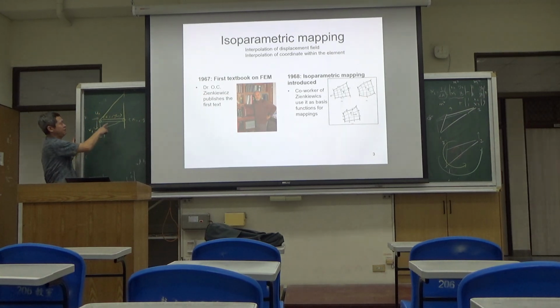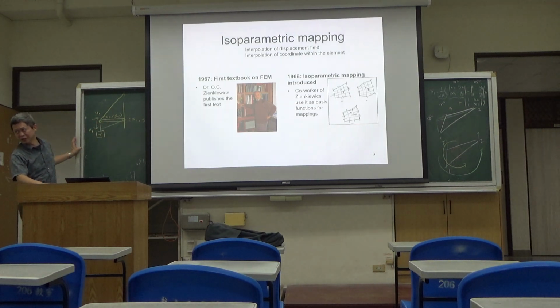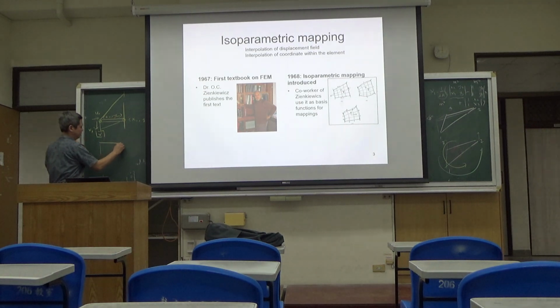Previously, because it's a straight line, you do not need to do interpolation of the coordinate. But later you see that if I have a square, it's easy to do integration. If I have a trapezoidal shape, it's difficult to do interpolation.